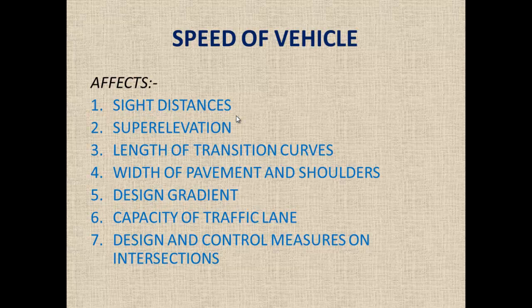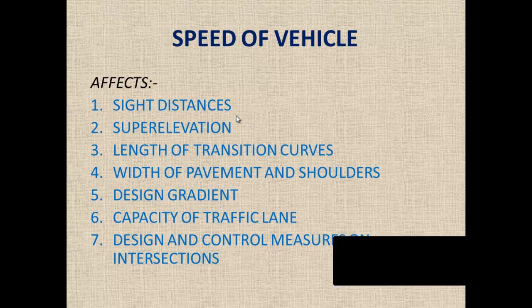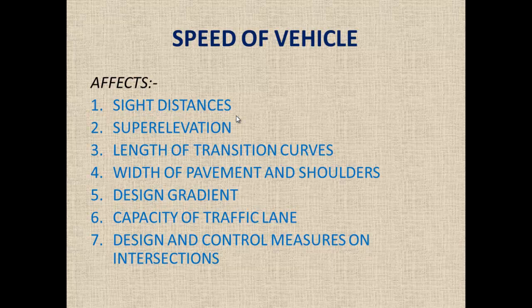We provide transition curves where? On valley curves and on humps. So the speed of the vehicle affects the length of the transition. The speed of the vehicle also affects the width of the pavement and the shoulders. It affects the design gradient, the capacity of the traffic lane, and the design and control measures on intersections.